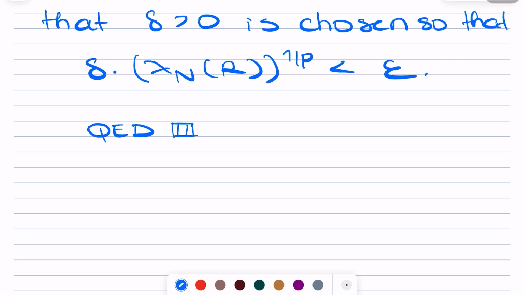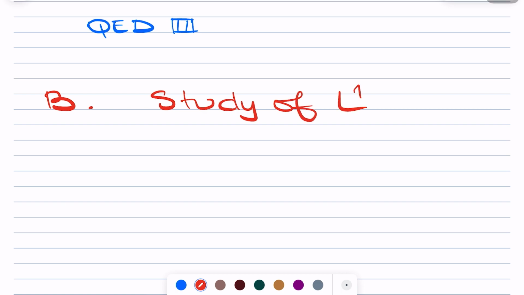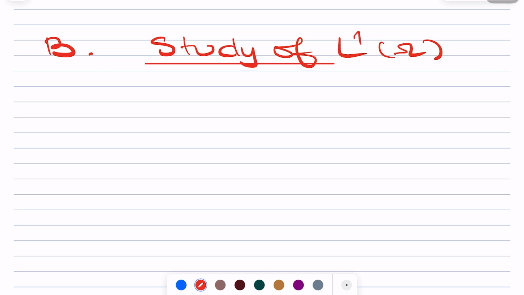You have come a long way. So now let's move to the second part. Now we study L1 of omega. So we start with a description of the dual of L1.